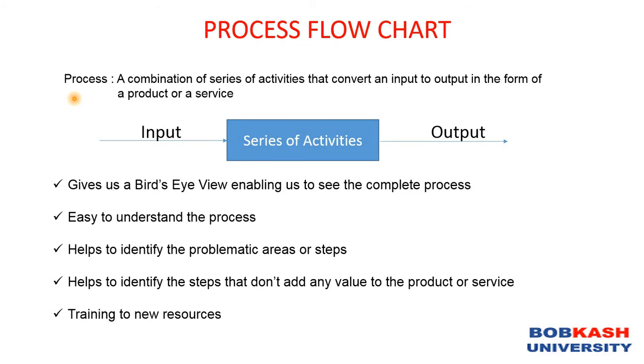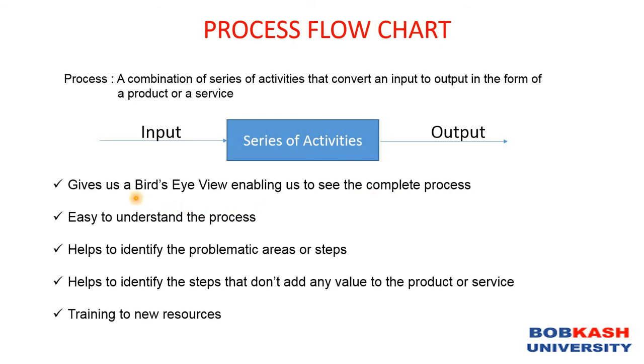What is the purpose of a process flow chart, or what are the objectives of the process flow chart? It gives us a bird's eye view, a helicopter view from the top, enabling us to see the complete process.